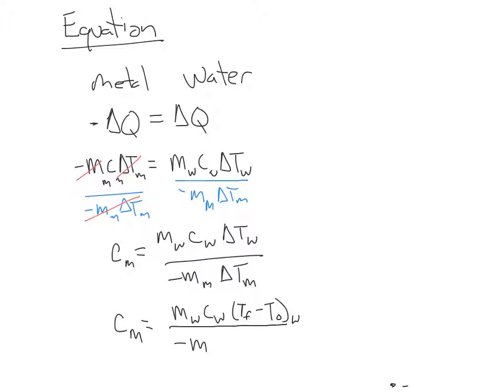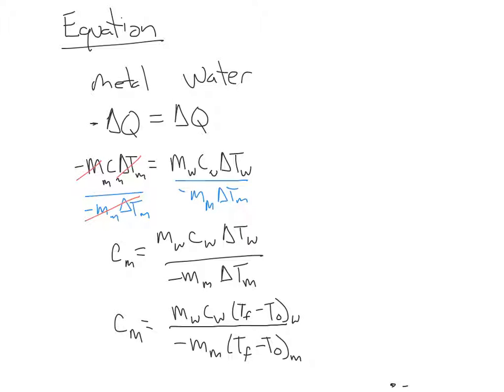And on the bottom, we'll have the mass of the metal, and my final minus original for the metal. All right, so this is the equation. As I look back at my knowns, I have all of the things on the top, and I have all of the things on the bottom. Once I substitute these in, it's going to allow me to solve for the specific heat.